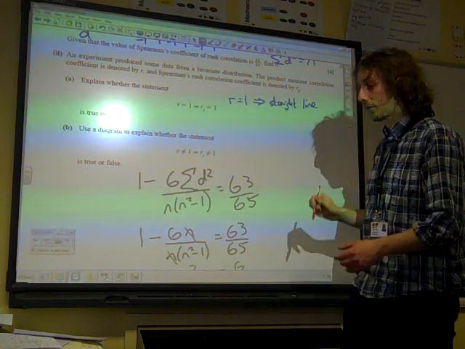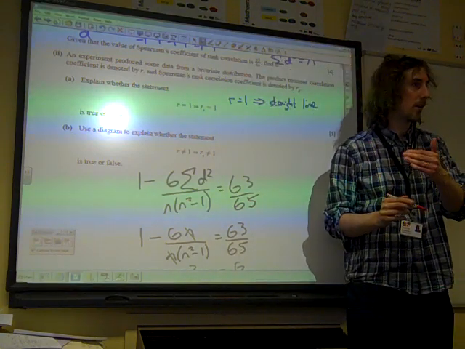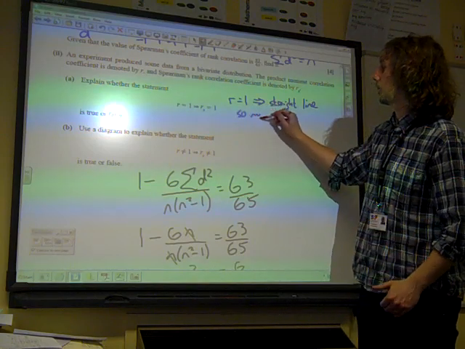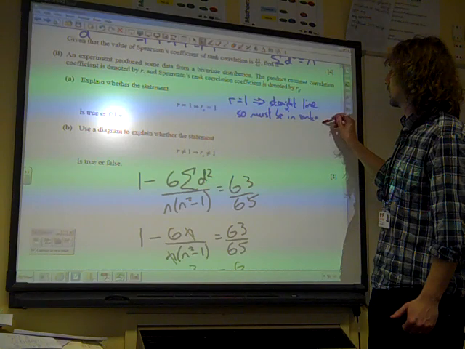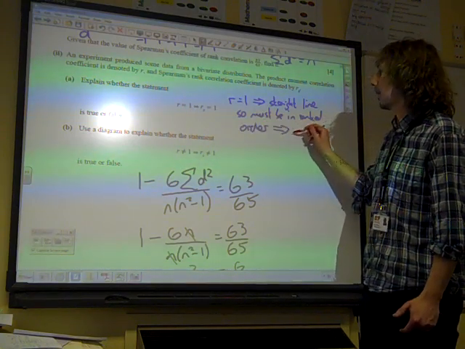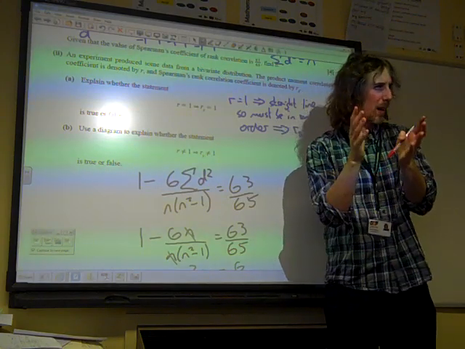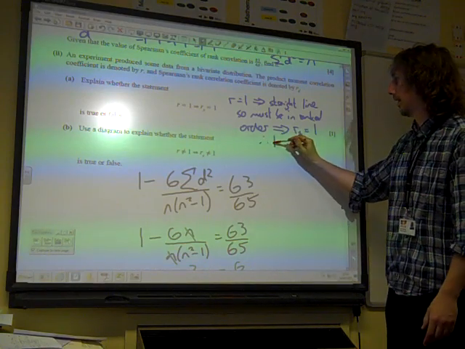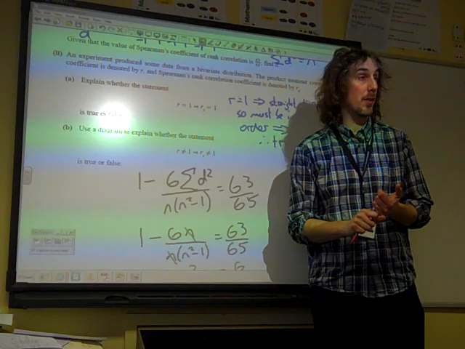If the data is in a straight line, then they must be in ranked order, because there's no alternative. So that means that rs must be equal to 1. So that bit's quite straightforward. To say that it's true, we better write that it's true. So that's part A sorted.